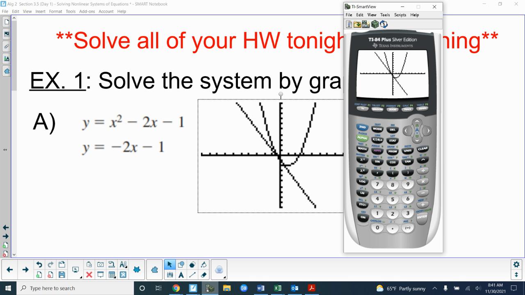Now, when I look at the table now, I'm going to have 3 columns. I'll have a column for my x values. Then I'll have a column for y1, which is, what was the first one we put in? The parabola, right? And then I'll have a column for y2, which would be the y values of the line. Okay? So you hit second graph for your table.